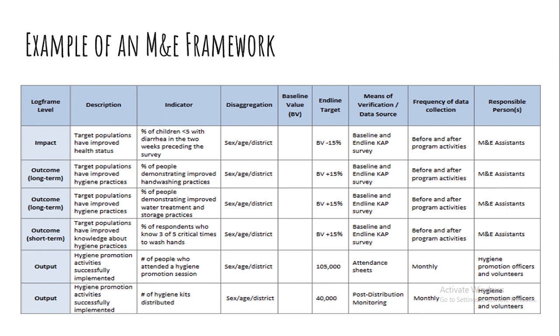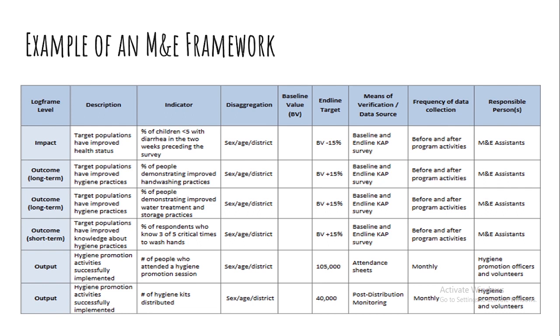You also indicate how frequently the data will be collected. They indicated this will be done before and after the program activities. Then who will be responsible are the M&E assistants.